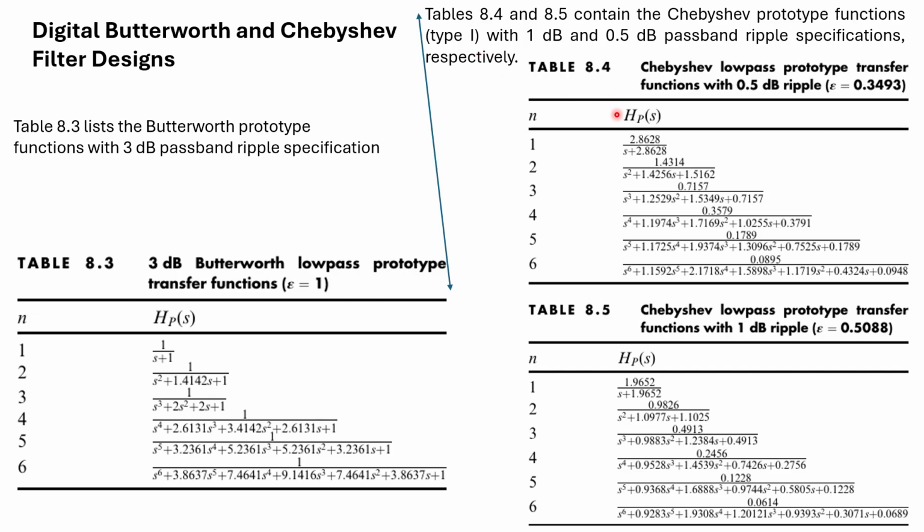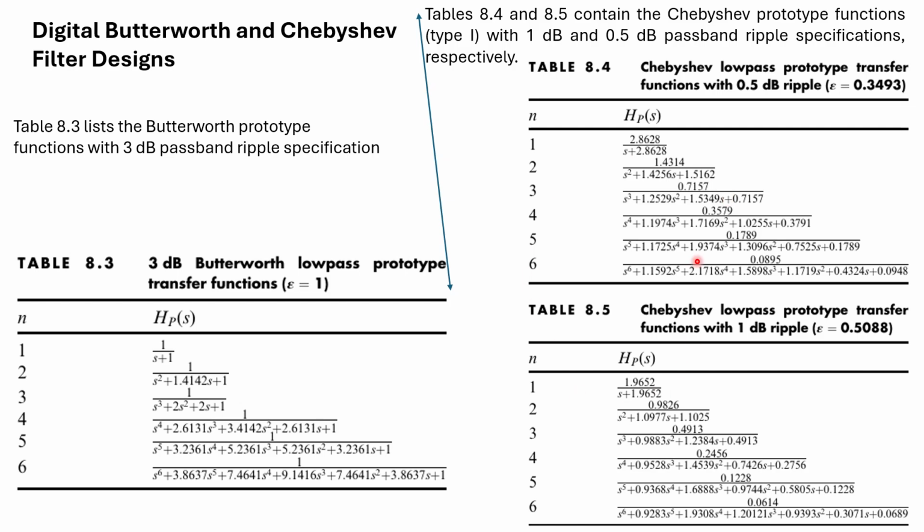Because these are the prototype functions with passband ripple specifications of 1 dB and half dB. So correspondingly, the different prototype functions for first order, second order, third order, fourth, fifth, and sixth order. Similarly for the half dB Chebyshev filters, the first order.